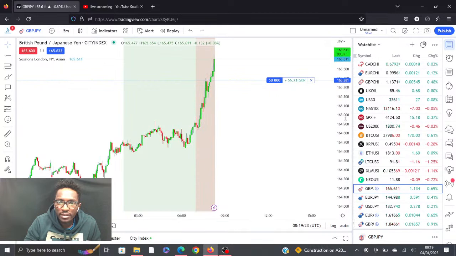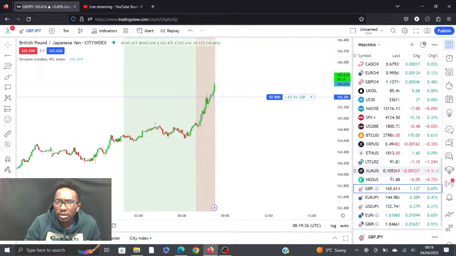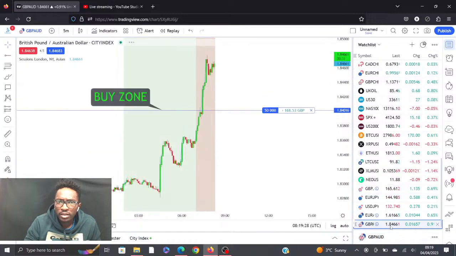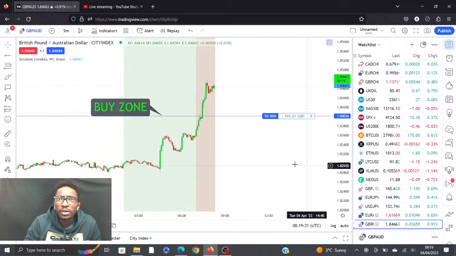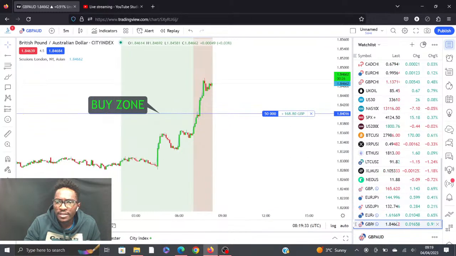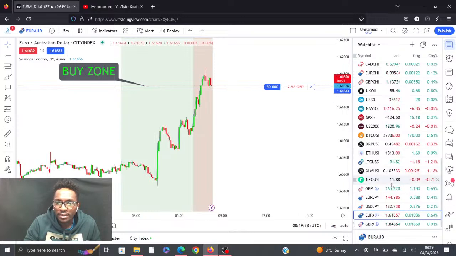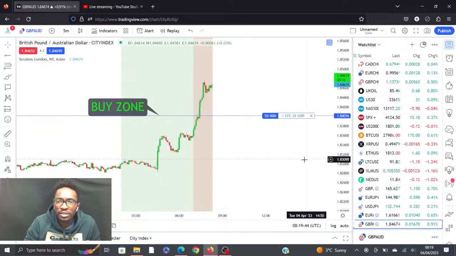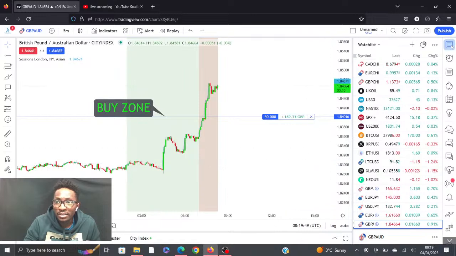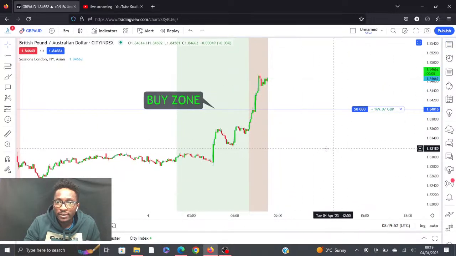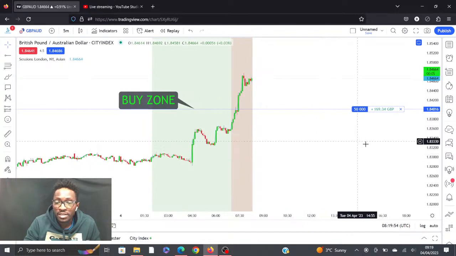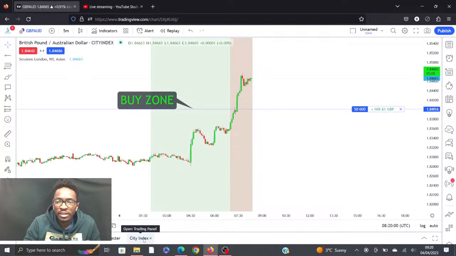It looks like the pound yen is starting to go up as well. The pound Aussie is still in a considerable amount of profit, 169. And Euro Oz is sort of break even at the moment. But I do expect a correction on these currency pairs at some point. It may or may not happen, we don't know that yet. I would like a correction because that will give me the opportunity to add on to my position, because this is a minimal risk that I'm going into.